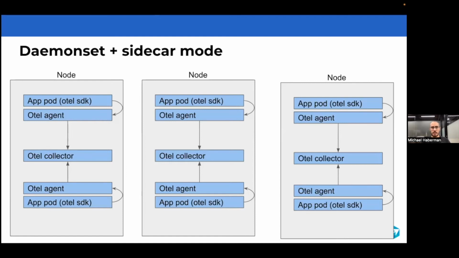Sending the data from the application to a remote collector could affect the performance of the application. Having a sidecar allows you to send the data to the agent with much less performance impact. And then the OpenTelemetry agent takes the performance impact of sending the traces, logs, and metrics to the OpenTelemetry collector. I would say this is the most complex and most comprehensive solution that you can go with.